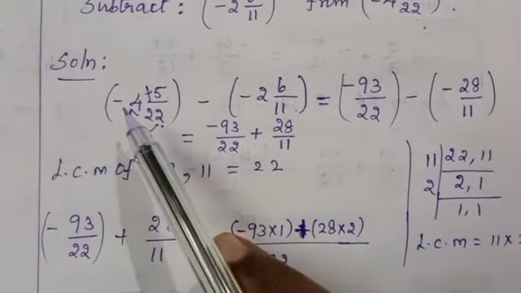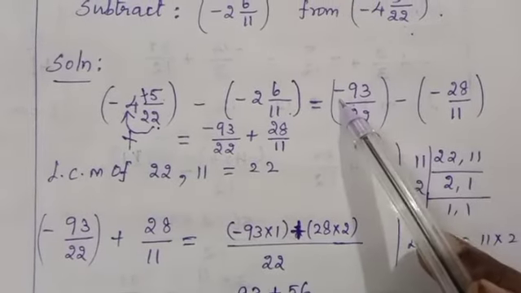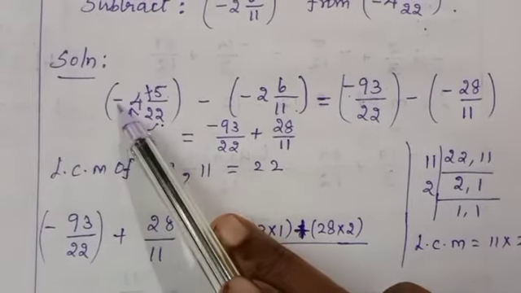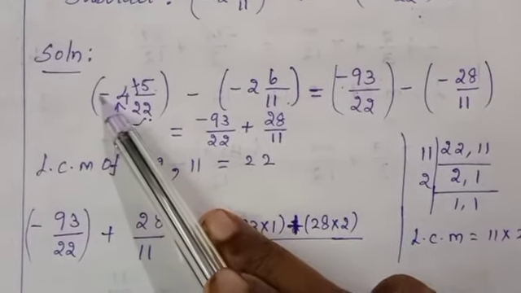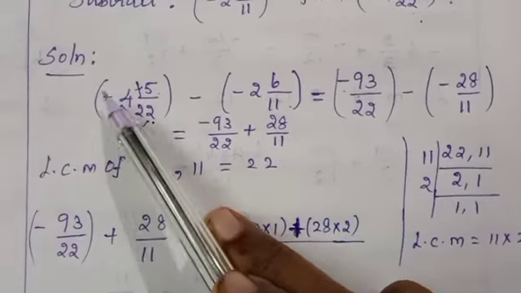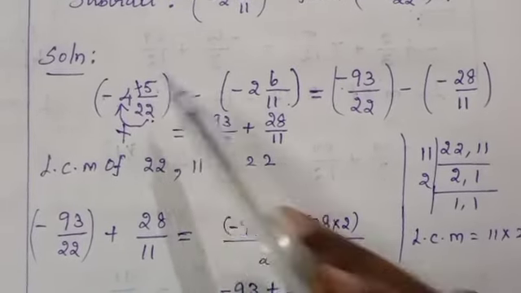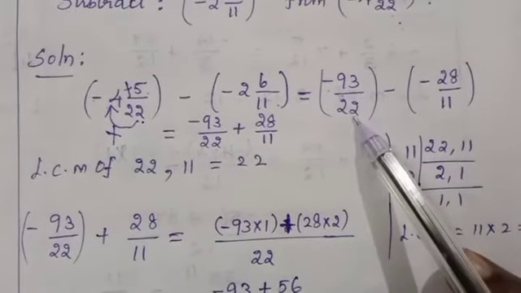You have a minus here, just take and write this minus. Don't confuse it with the other minus, it just denotes the integer symbol, it is a negative integer. So 4 into 22 plus 5, so minus 93 by 22.